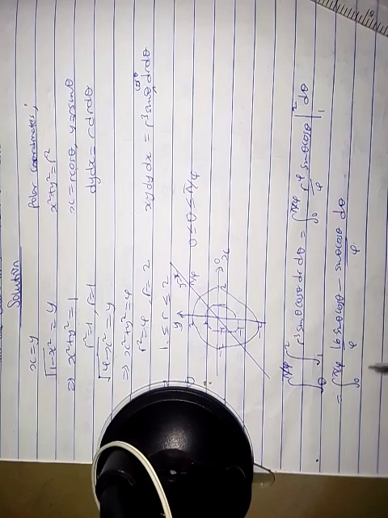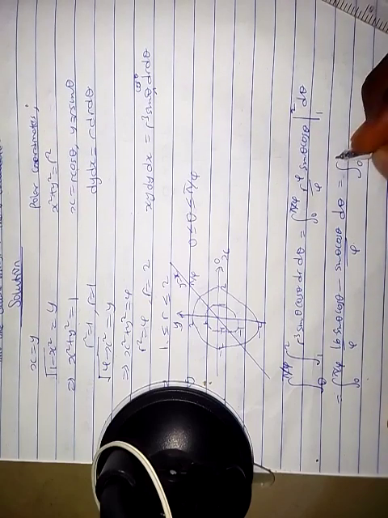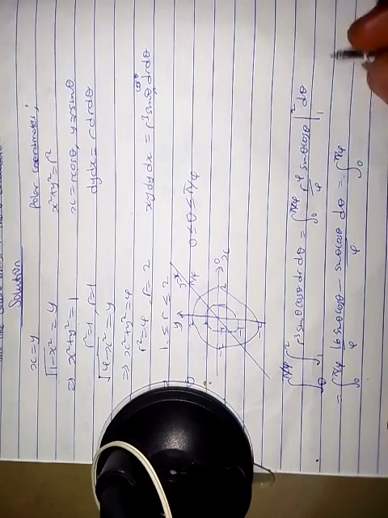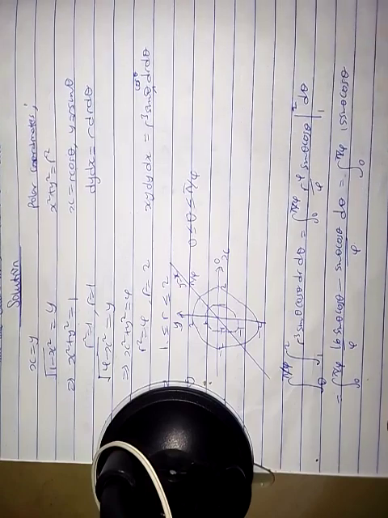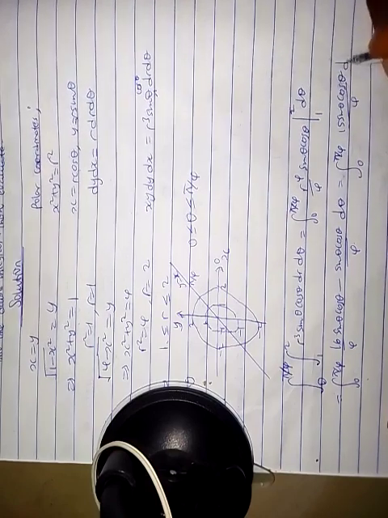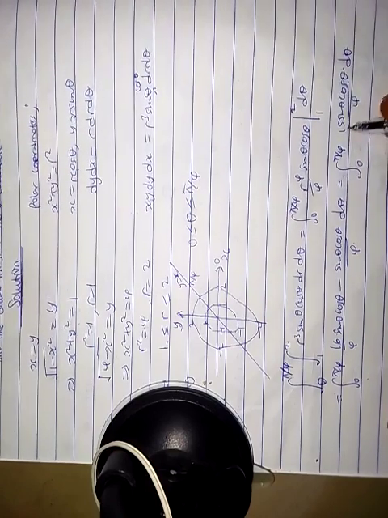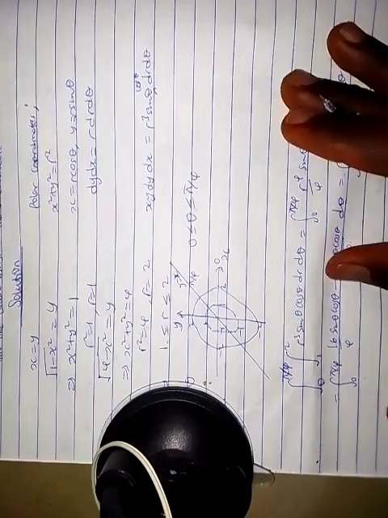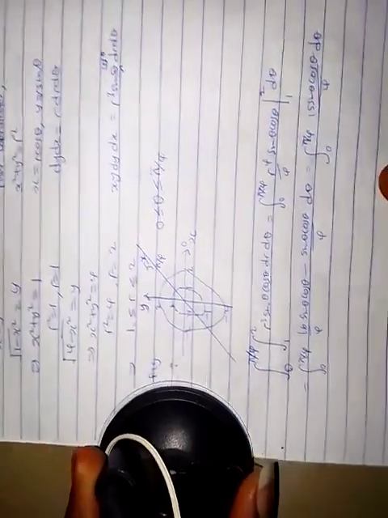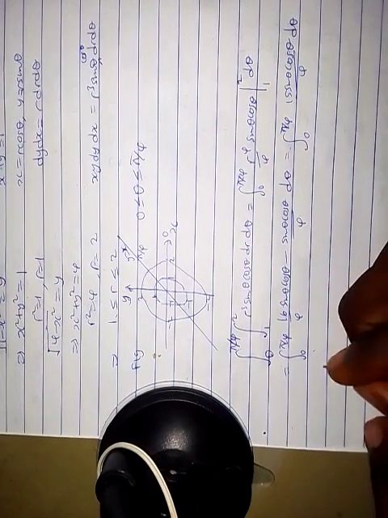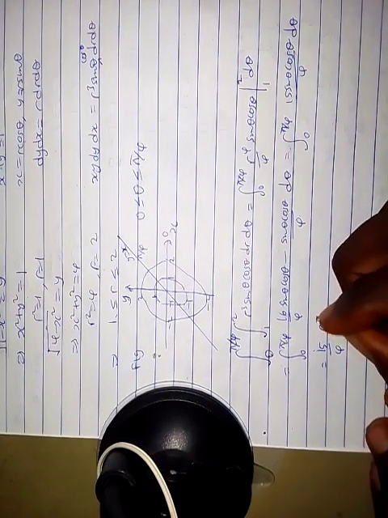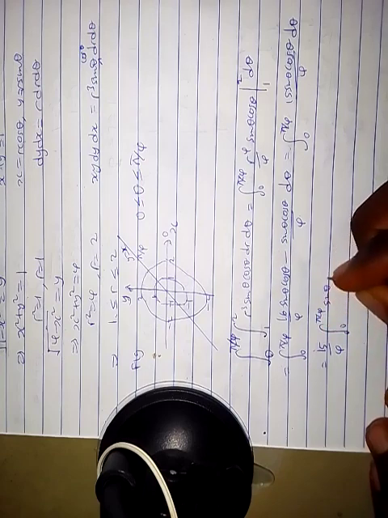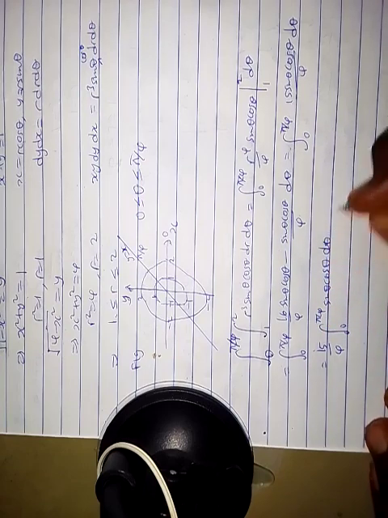When we do the subtraction, we have 15 sin theta cos theta over 4 d theta. You can take this 15 over 4 outside because it's a constant. So we have 15 over 4 times the integral from 0 to pi over 4 of sin theta cos theta d theta.